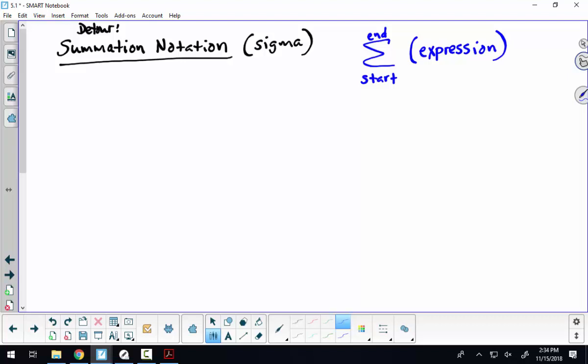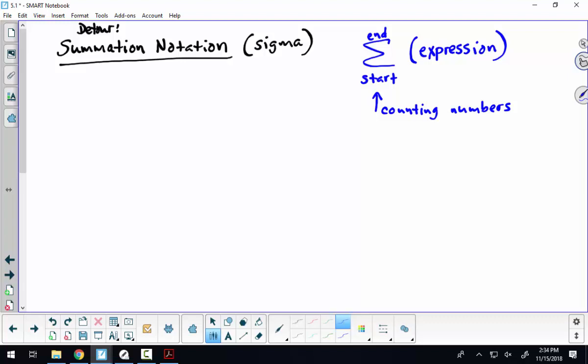The starting and ending values are always whole numbers, so these are counting numbers: 0, 1, 2, 3, 4, 5, sometimes called the natural numbers.